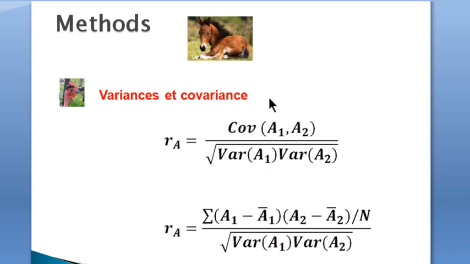Starting with the variance and covariance method, it's estimated through this formula that you already have an idea about, where RA is the genetic correlation and covariance A1, A2 represents the genetic value of trait 1 and trait 2 for which the correlation is being searched for, and over the product of the square root of their variances.